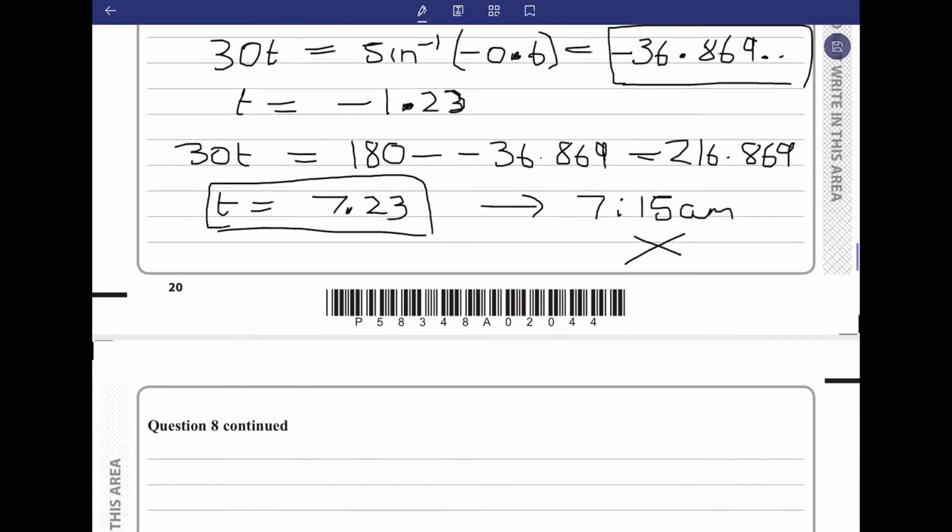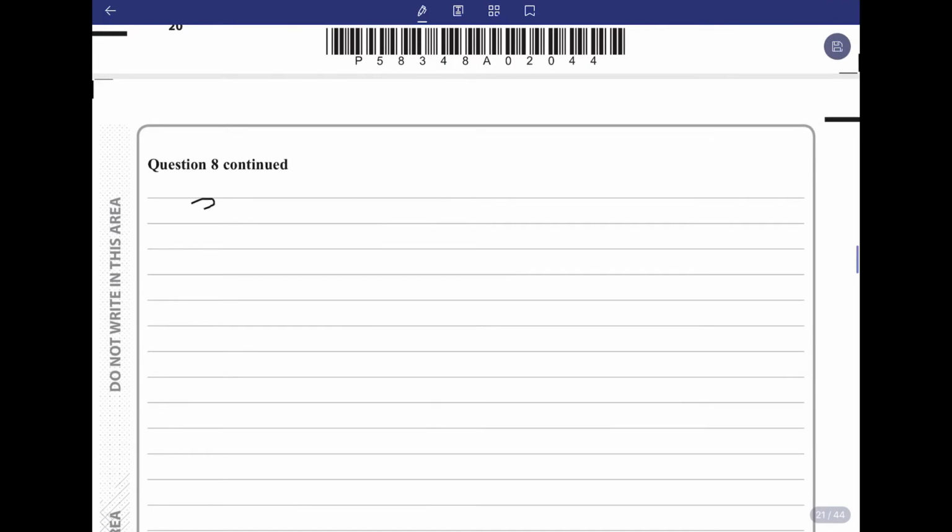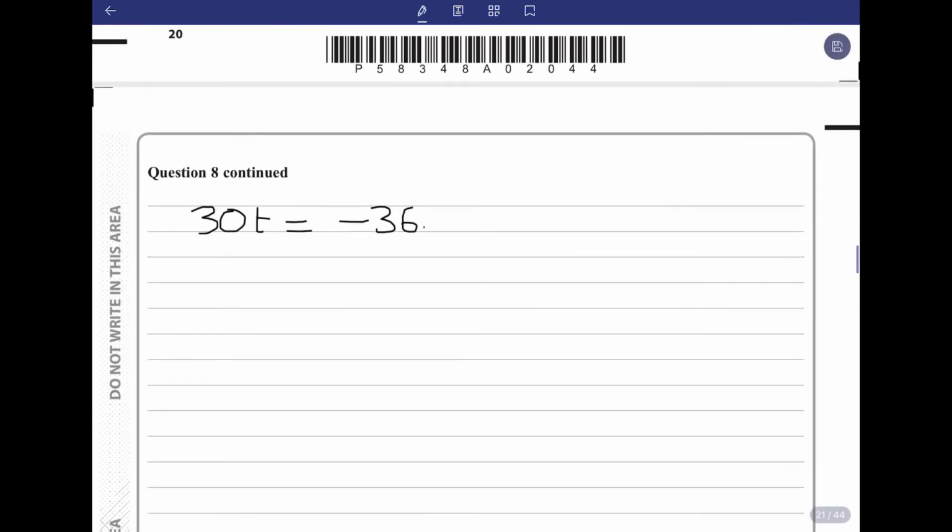So we need to go to the next value, and we get the next value by doing 30t equals our minus 36.869 plus 360 degrees, which gives us 323.131.